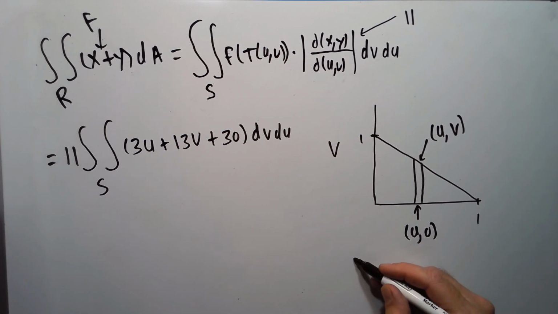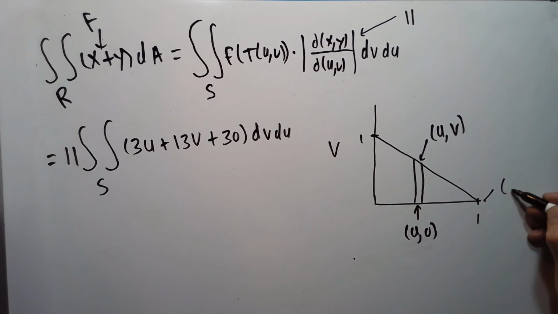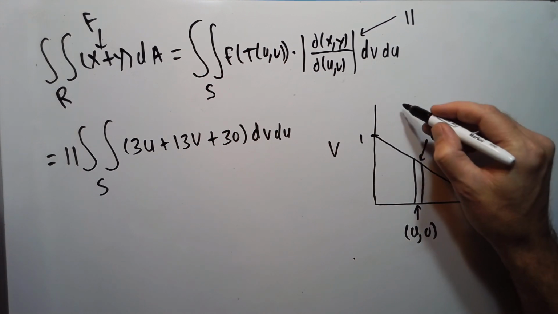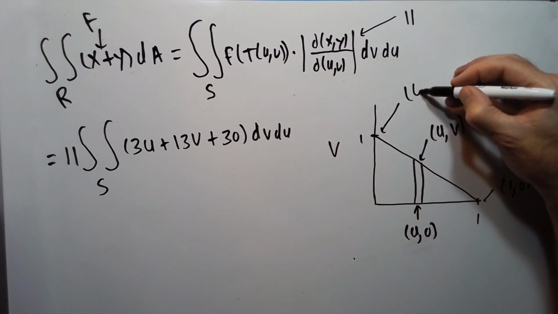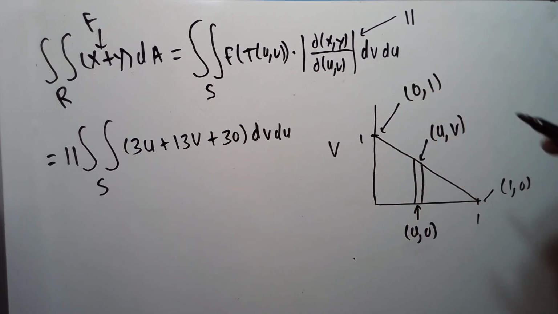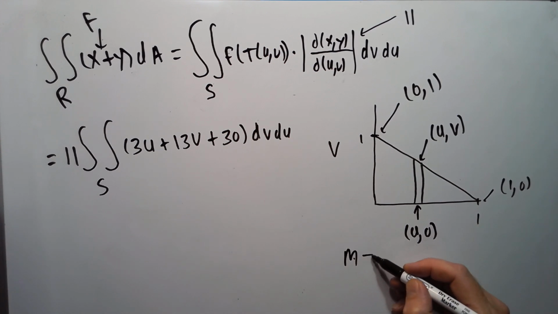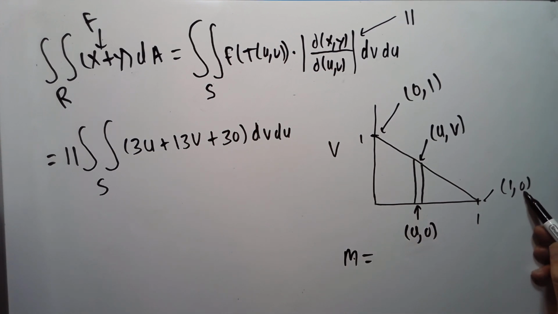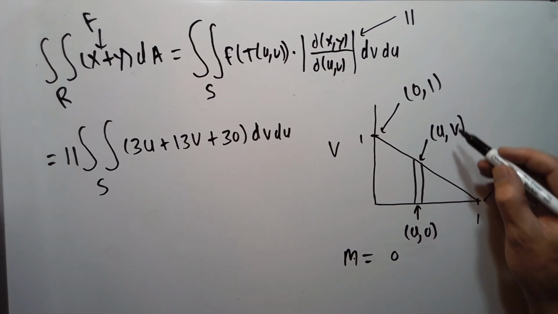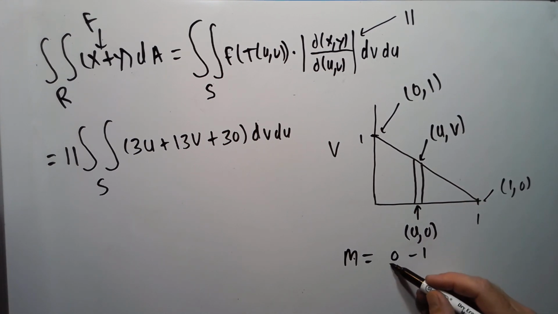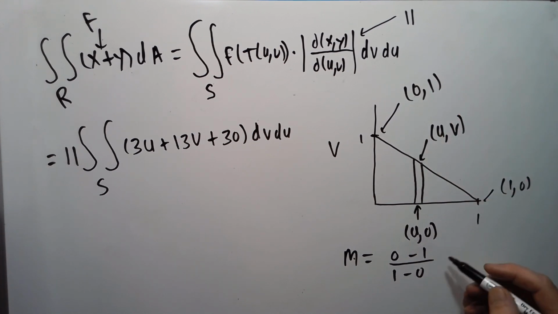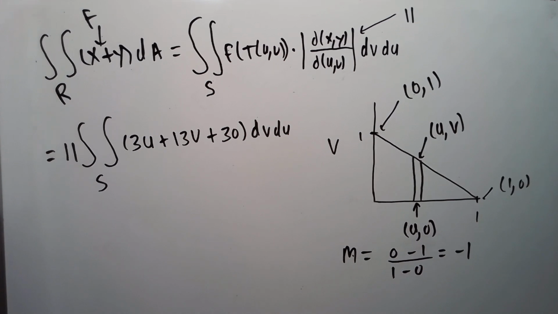Okay, so let's see here. So the slope, this down here would be (1, 0). This guy up here would be (0, 1). So the slope would be rise over run, so it'd be 0 minus 1 over 1 minus 0. So it's going to be minus 1 for the slope.